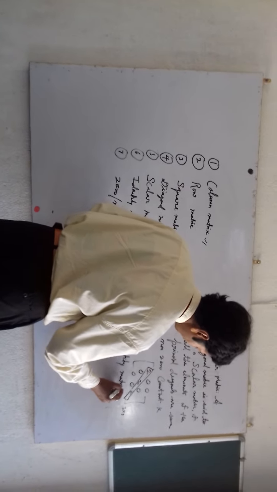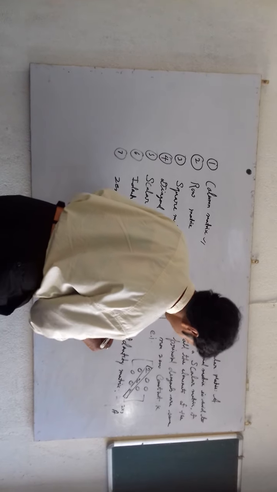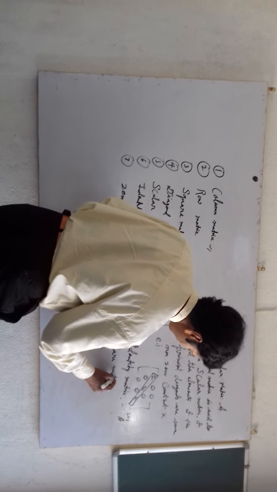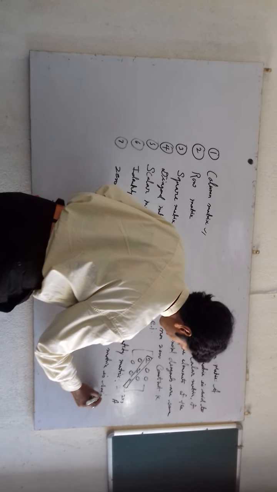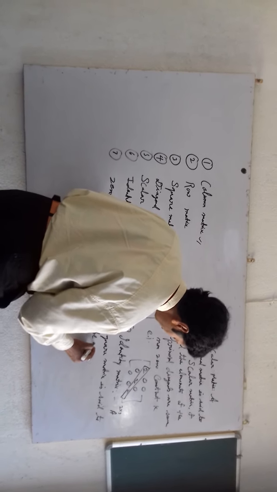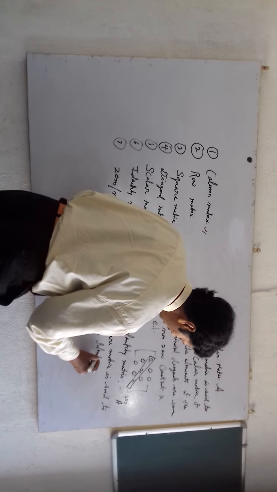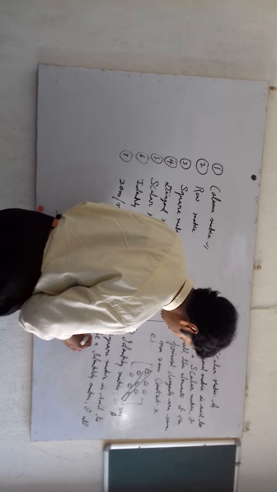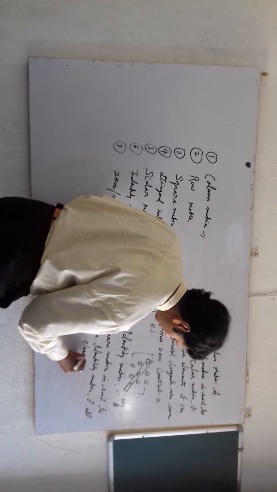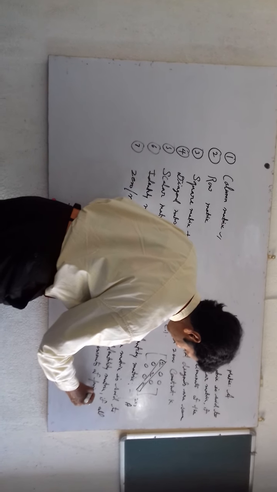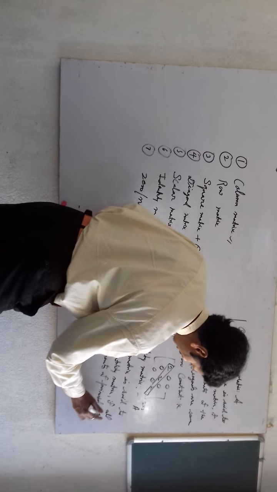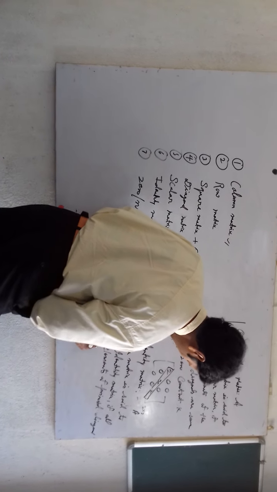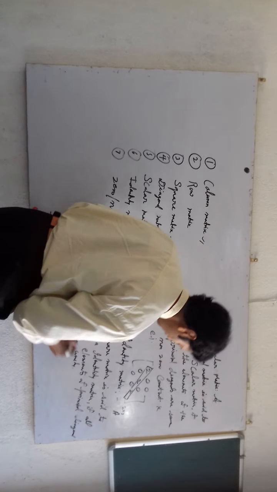A square matrix is said to be an identity matrix if all the elements of the principal diagonal are unity.